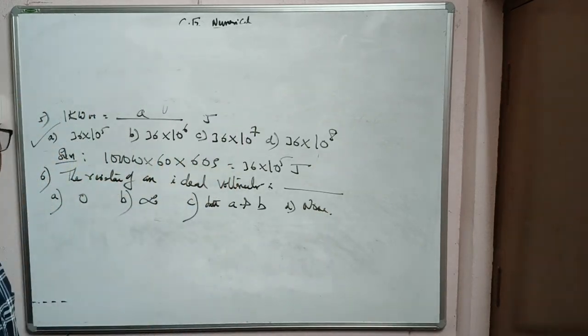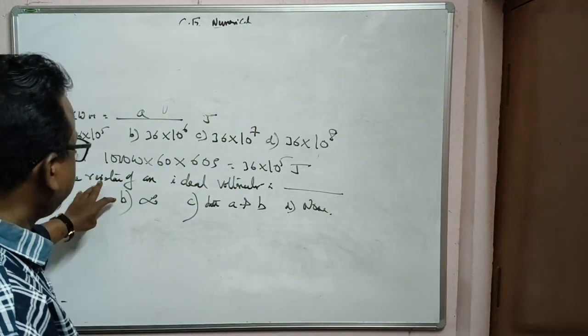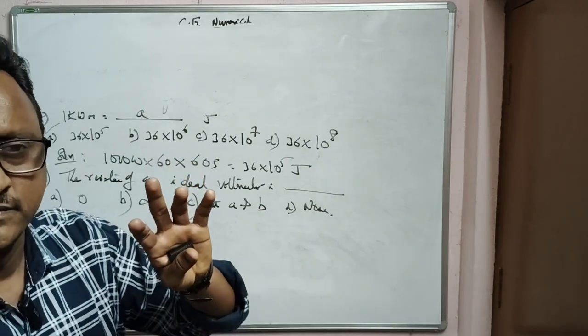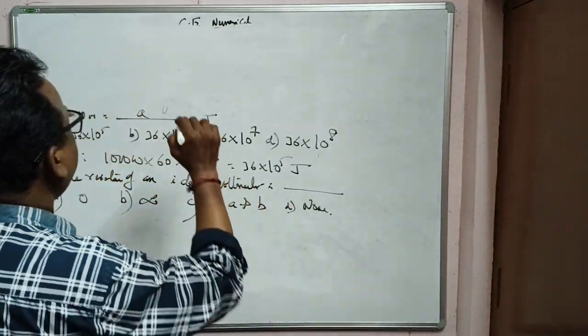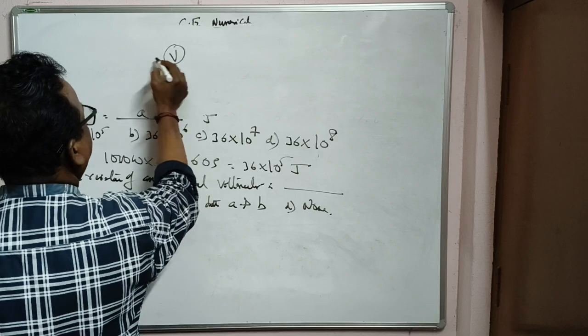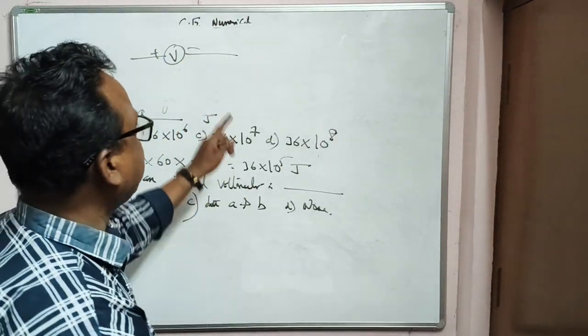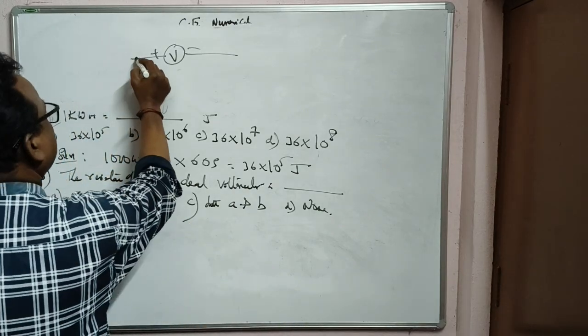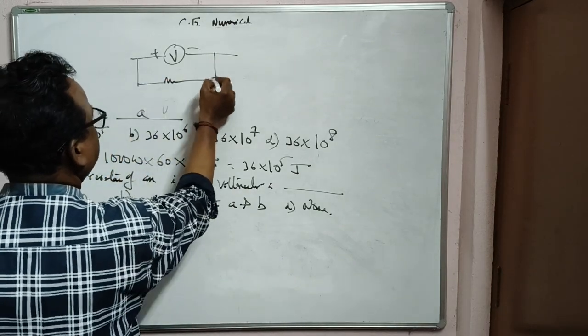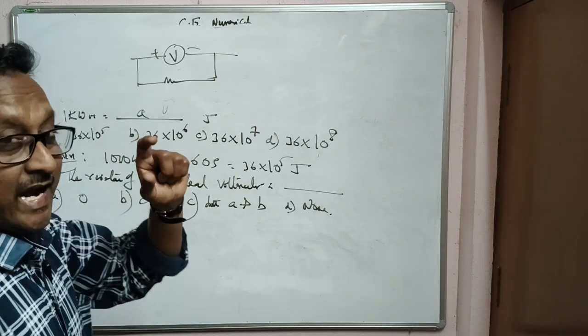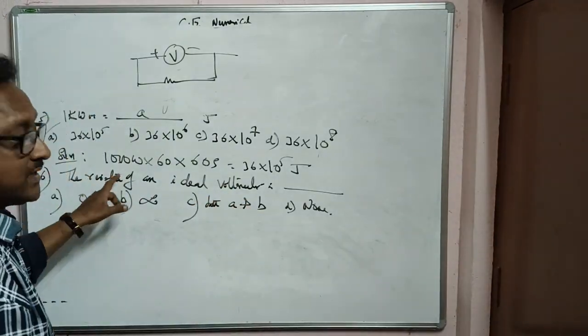Already in the theoretical subject I told you in this chapter, the resistance of an ideal voltmeter. In general, voltmeter means, this is the symbol. In an external circuit, always it is connected in parallel. And an ideal voltmeter resistance is infinity.